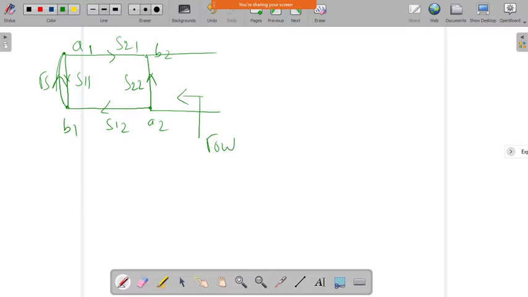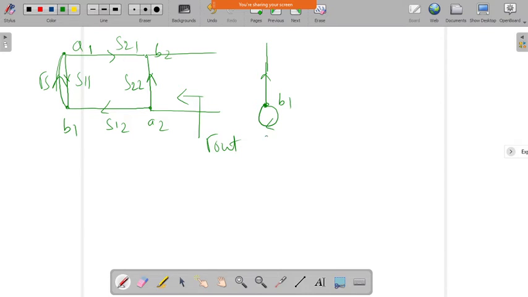Now we have to reduce it. Similarly, you can use the splitting rule here. At node A1 we get S11 gamma S. Here we have to remove S11 and put it at the B1 node.